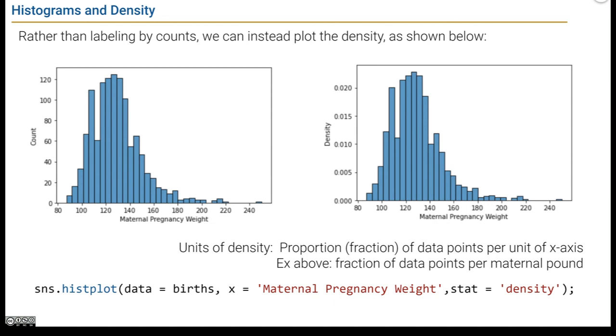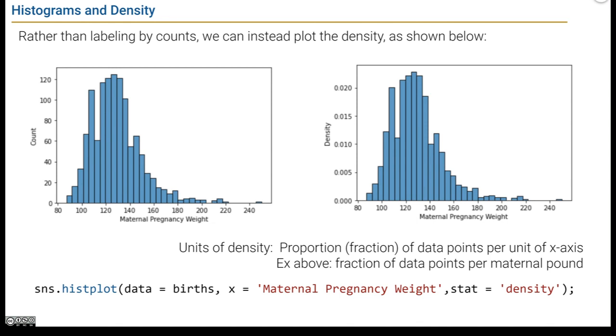That's a future lesson, but that's why we're practicing right now with histograms, how we can convert the y-axis to think in terms of fraction of data points per unit of x. Python will do this for you, just by adding a density flag in the actual input for histplot.